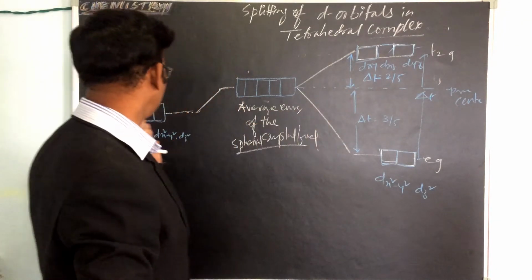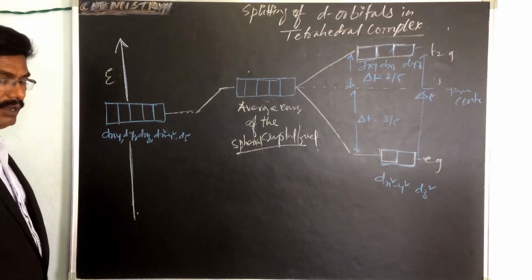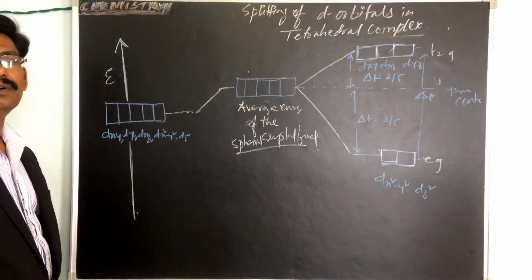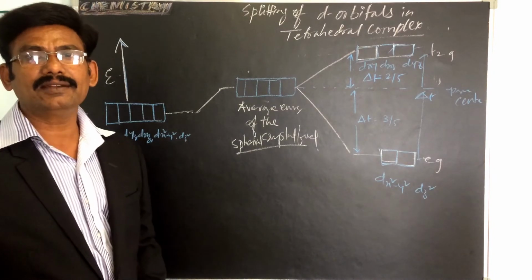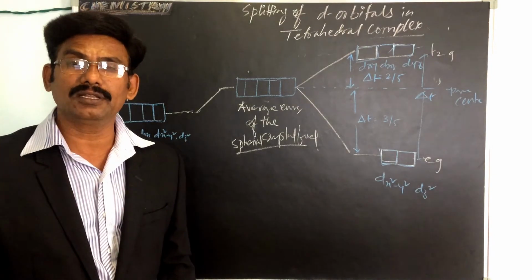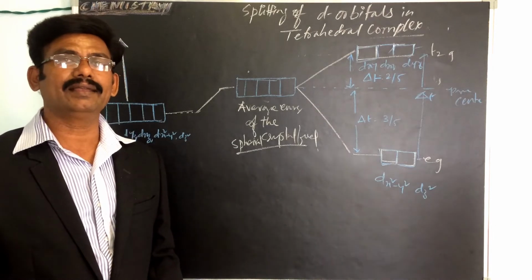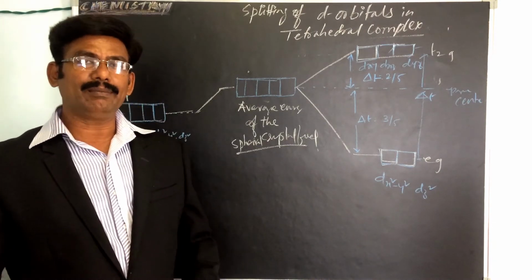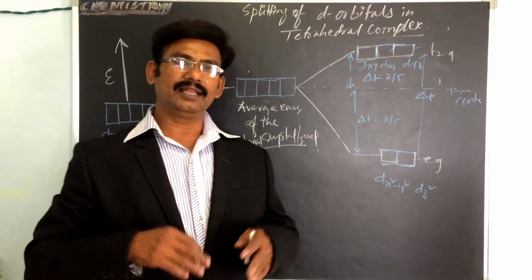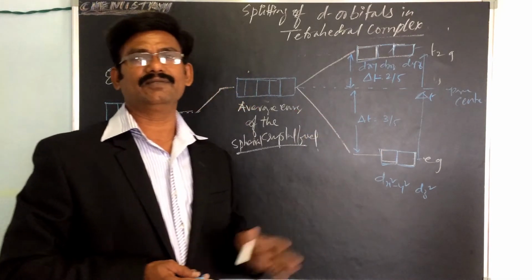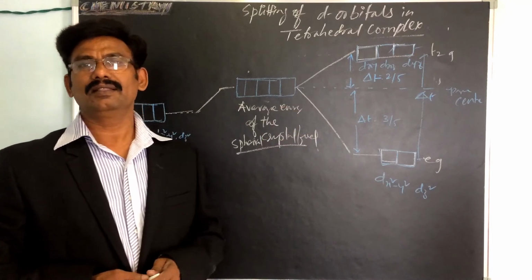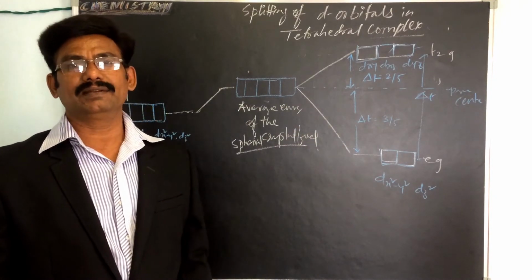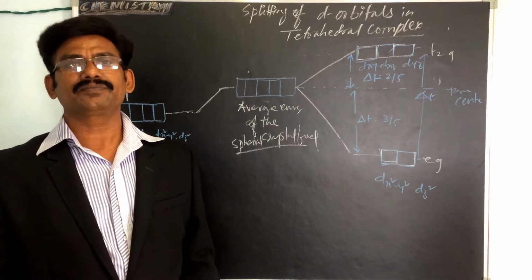First of all, when ligands approach the central metal atom, the d orbitals are raised up in the average crystal field. In the crystal field, the splitting takes place. They are the Eg and T2g.